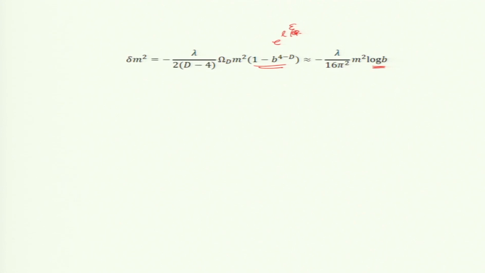Basically, it gives you L like before, 1 minus this, what will that be? 1 minus 1 plus epsilon L. So, 1 cancels, epsilon cancels, and I get L, and L is log b. So, the m squared correction is proportional to log b. So, I can derive the differential equation.